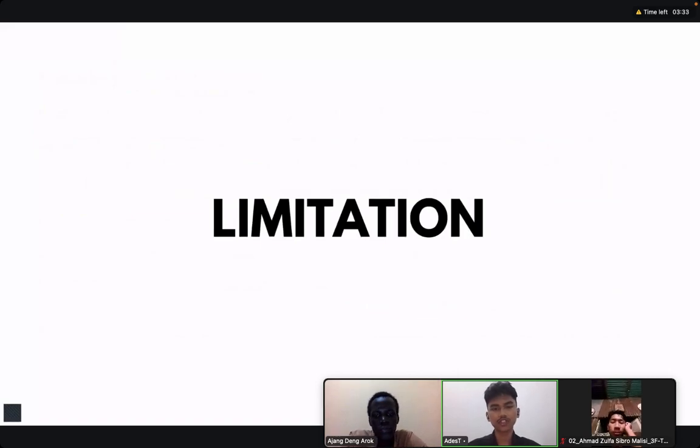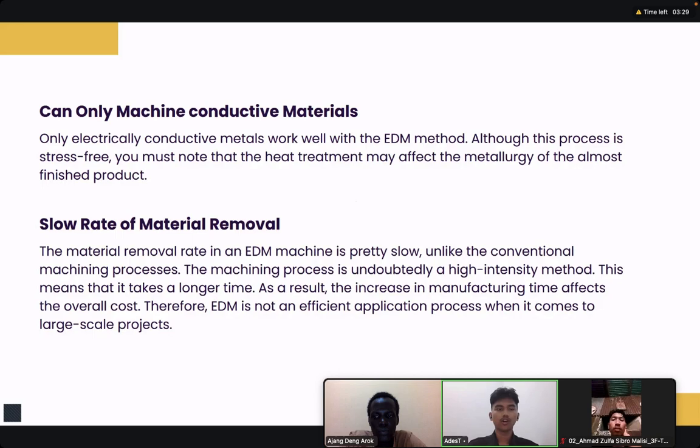And after the advantages, we talk about the limitations of EDM. It can only machine conductive materials. This is crucial because EDM can only process conductive materials through which the electric current can pass from the tool into the workpiece.